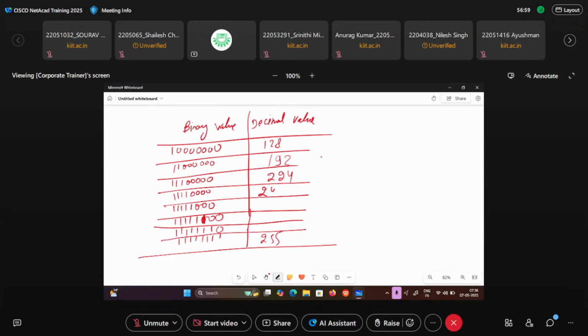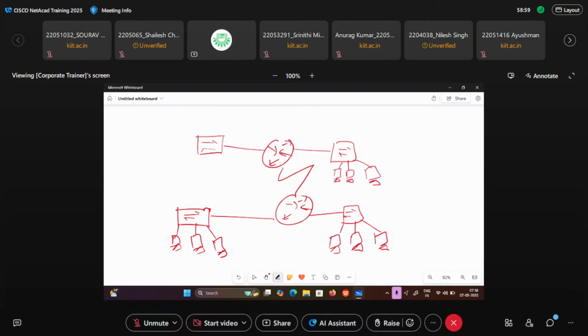So we have one switch, and here access were connected. Here also we have another switch. Just tell me, without subnetting, how many networks will be required for this case?